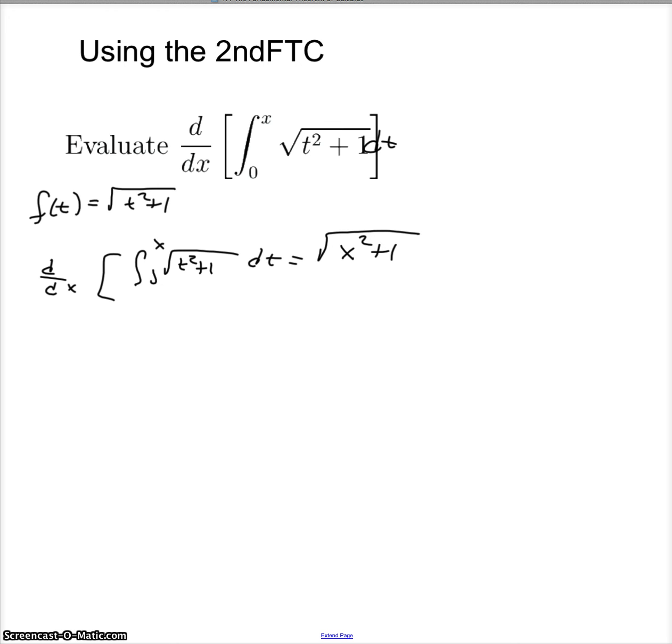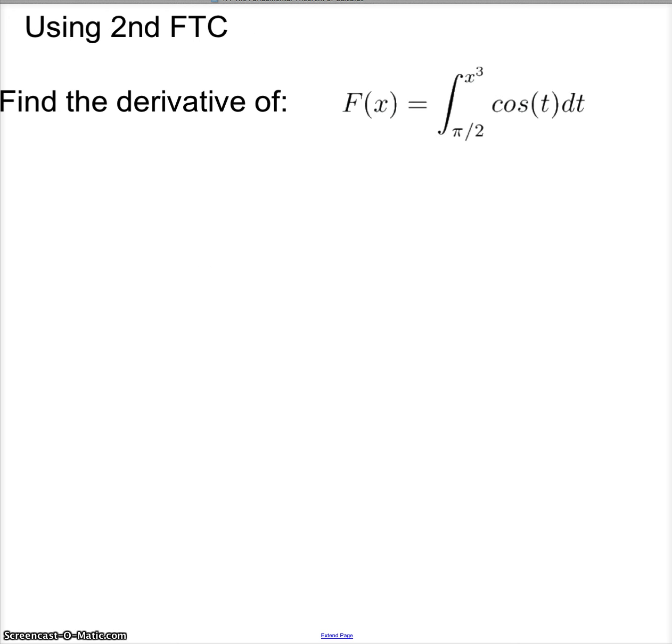Now we can throw you a curve. What if the limits of integration aren't just x? What if they're a function of x? Well, we can use the chain rule to help us out. Let me let u equal x cubed. All right? Now I know f prime of x is equal to df du times du dx.